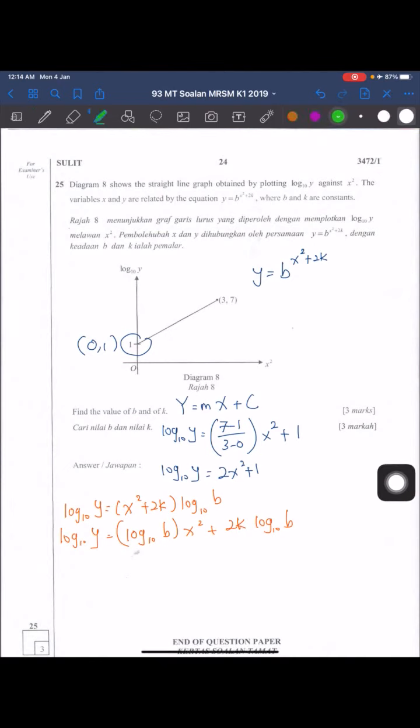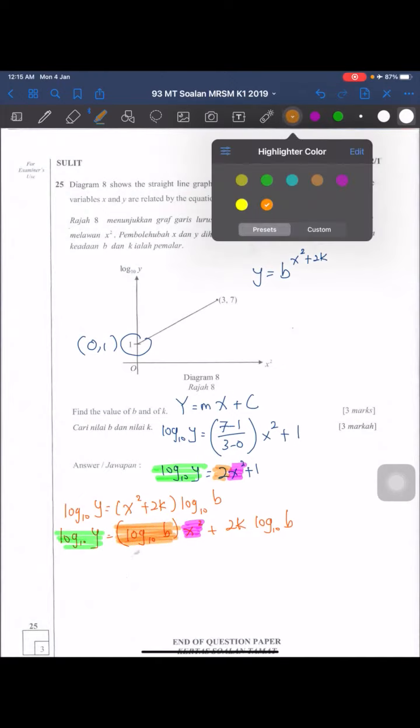So saya cuba highlight kan. Ini log y sama kan log y. Ini paksi x saya sama kan. Di sini adalah saya punya gradient. Dan last sekali y-intercept.